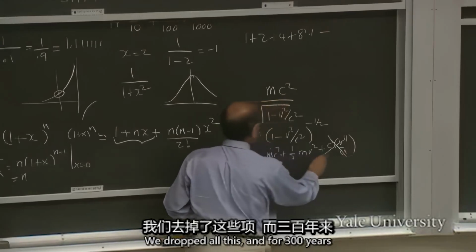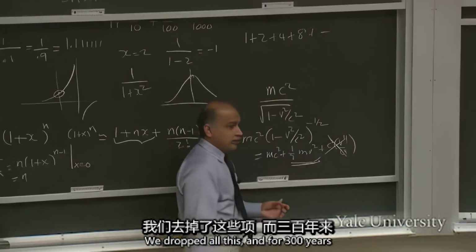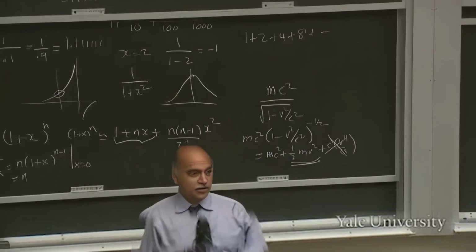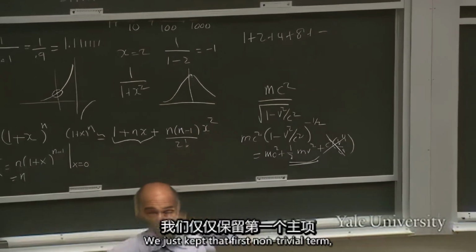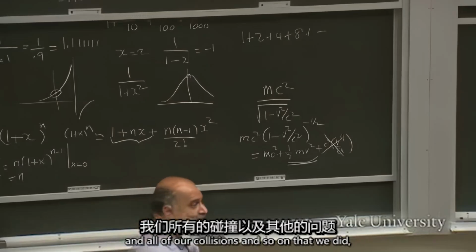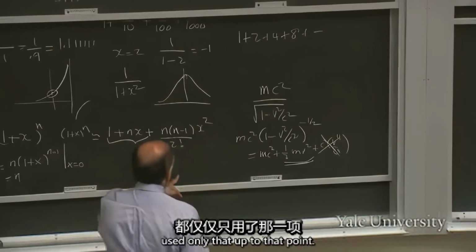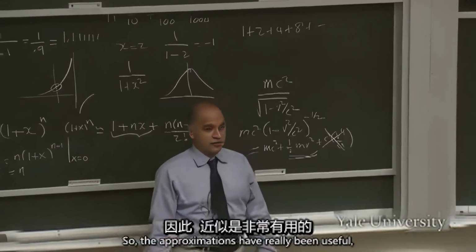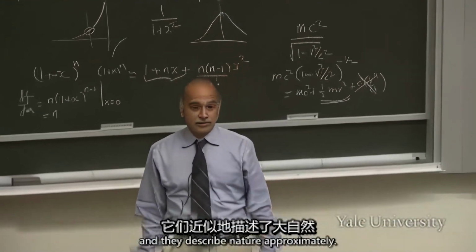We dropped all this, and for 300 years, we did mechanics keeping just this term. We just kept that first non-trivial term, and all our collisions and so on used only that up to that point. So the approximations are very, very useful, and they describe nature approximately.